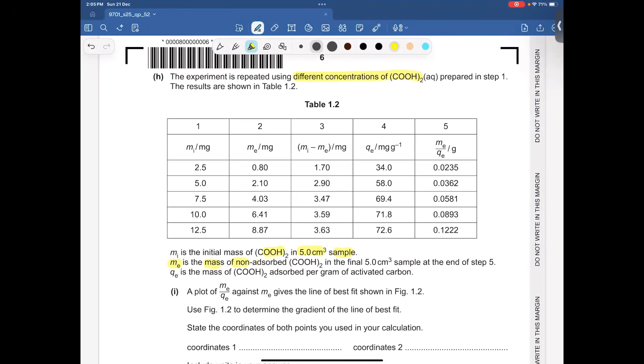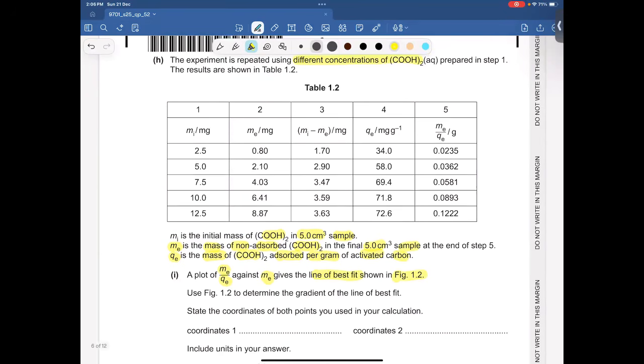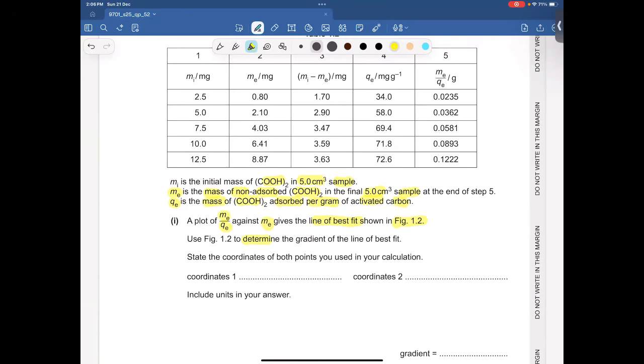Me is the mass of non-adsorbed ethanedioic acid in the final 5 cm cube sample. QE is the mass of ethanedioic acid adsorbed per gram of activated carbon. A plot of Me over QE against Me gives the line of best fit shown in figure 1.2. Use figure 1.2 to determine the gradient of the line of best fit. State the coordinates of both points you used in your calculations.